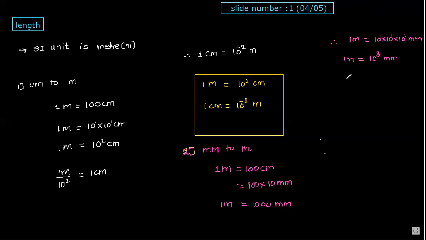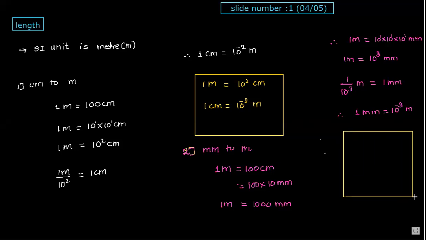So now I am transferring this here. So 1 by 10 power 3 meter is equal to 1 millimeter. Now tell me, 1 millimeter is equal to how much? 10 power minus 3 meter. And therefore again I am making one box here.